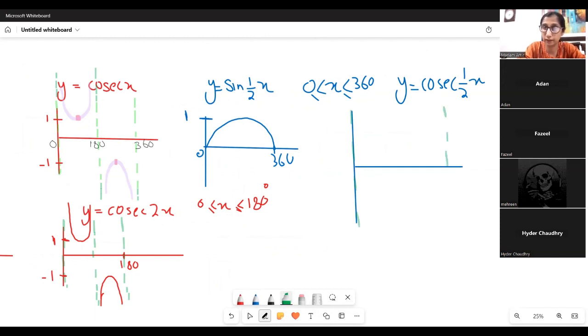Wherever it was 0 earlier, that became an asymptote, infinite. 1 stays 1. And since that's a positive curve, it will come like this. Make sure the asymptote never crosses this curve. That's the graph of cosecant half x.